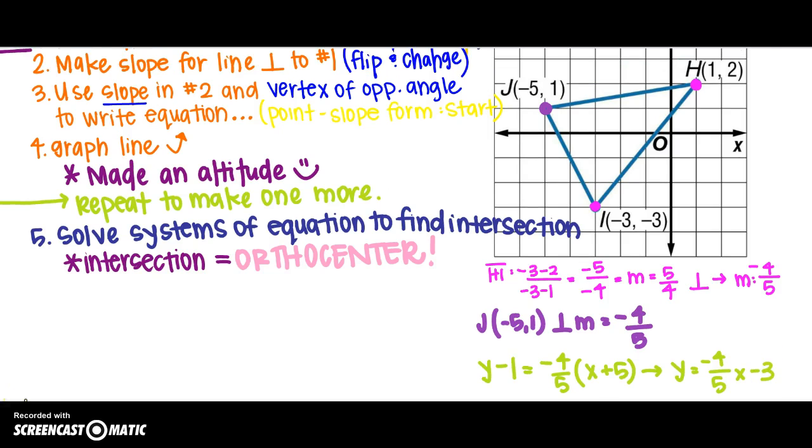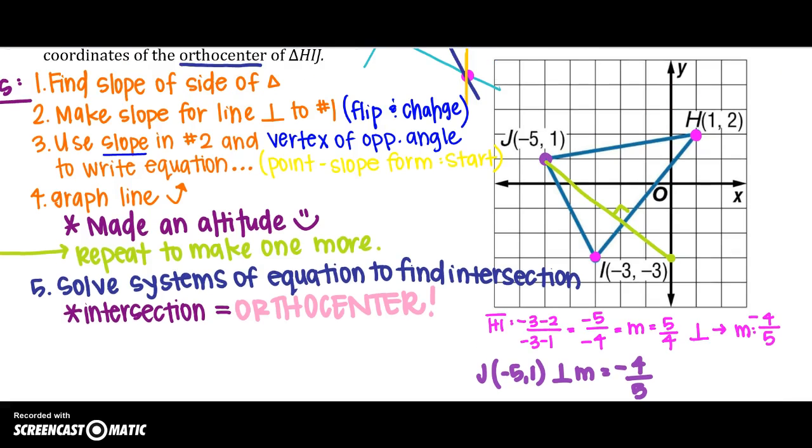Once you have that equation, I want you to stop this video, go ahead and graph this line for you. All right, so you have just graphed your first altitude. Exciting. Now you're going to repeat these same steps, and I would like you to do it from point H to your opposite side JI.